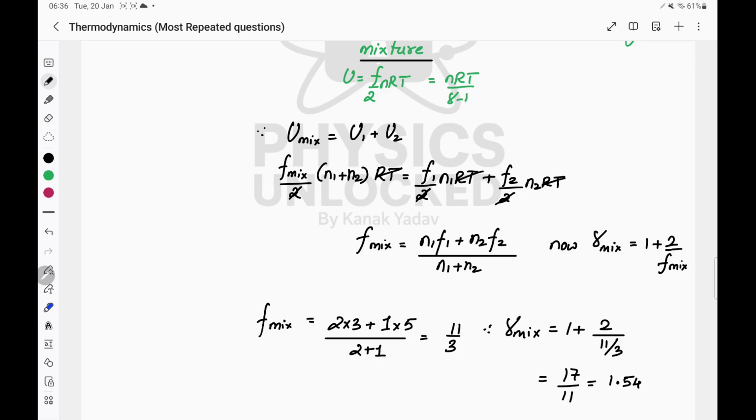This will give you F mix is equal to N1 F1 plus N2 F2 divided by N1 plus N2. Note that if you use this formula, you will not get the weighted average of gamma, because gamma minus 1 is in the denominator. So you can't simply take the weighted average of gamma. Now that you have obtained F mix, you can use gamma mix is equal to 1 plus 2 by F mix. That's the relation between gamma and F.